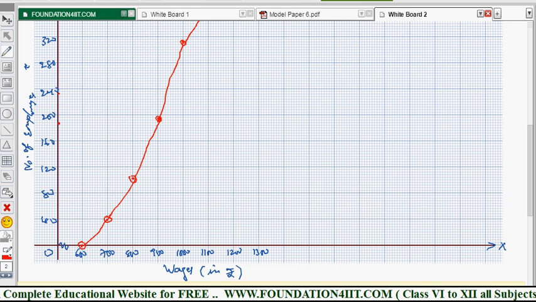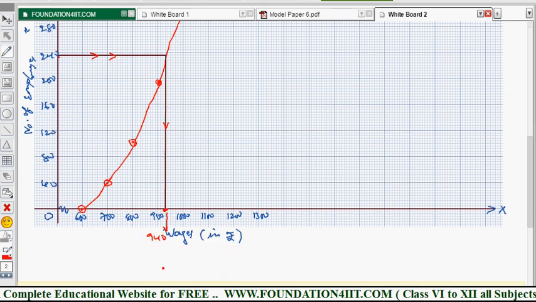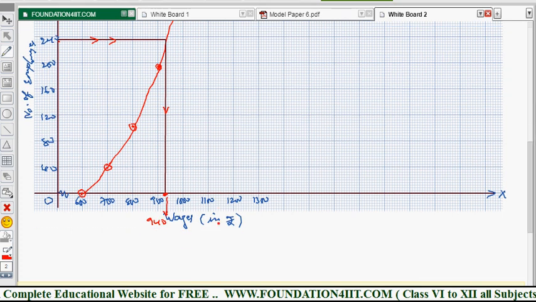From there you can take a straight line, and from here you can take the line down to where it touches the x-axis. You should keep the marks also on the graph. It touches at approximately 940.